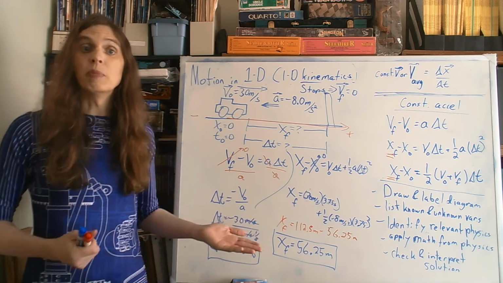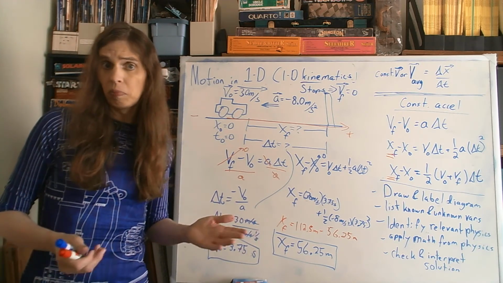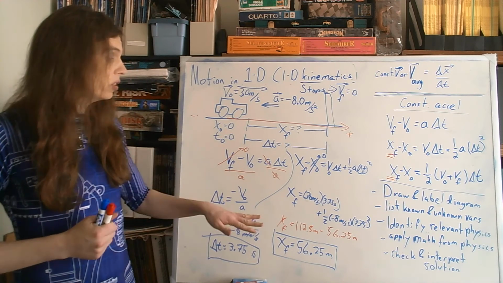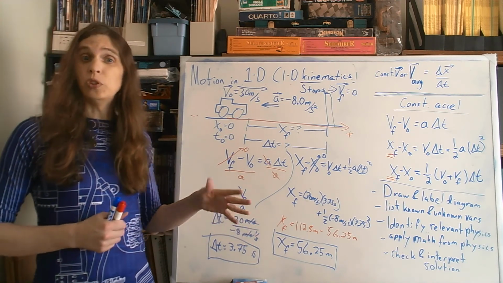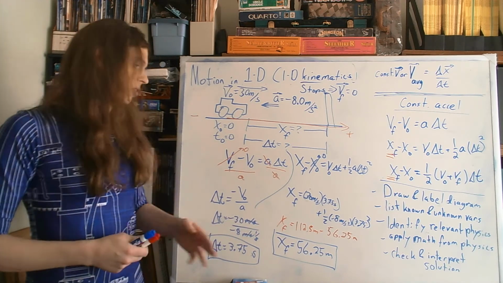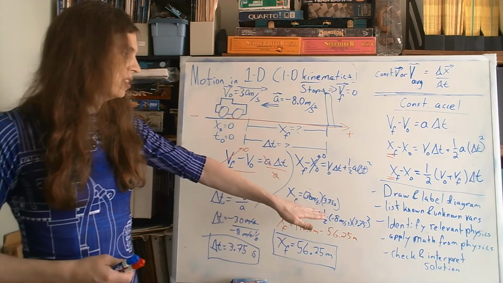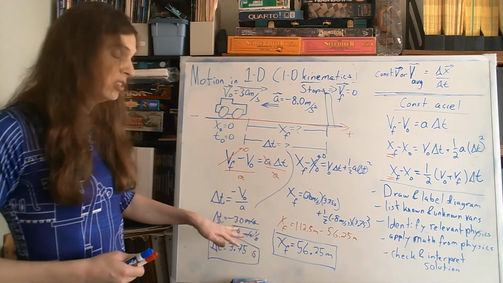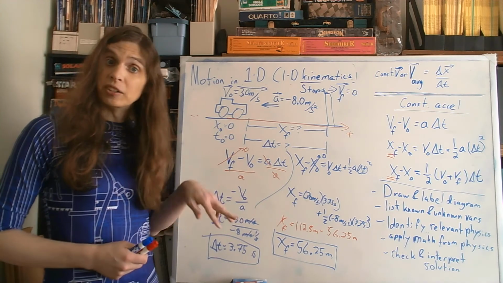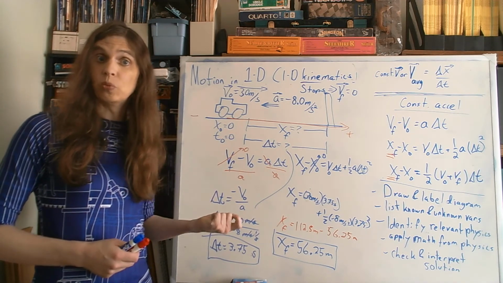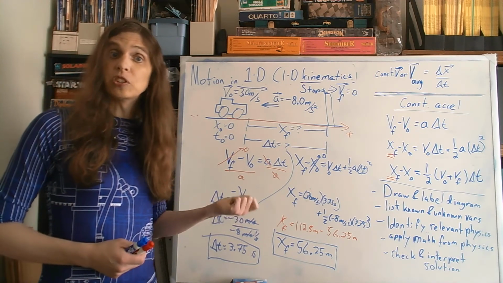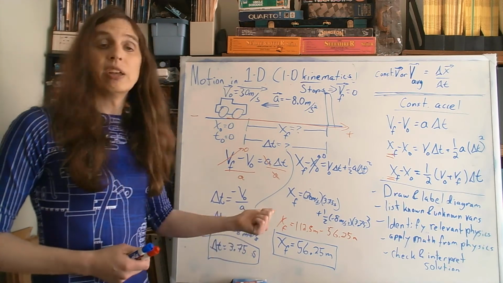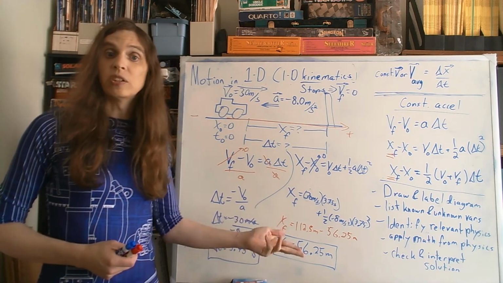And we can take a look at them and say, well, do they seem reasonable? Do our units agree? Okay, I stuck in, in most cases, the units along with the numbers and did the math operations on the units as well. And they gave us units that make sense for time, seconds, and make sense for distance, meters.